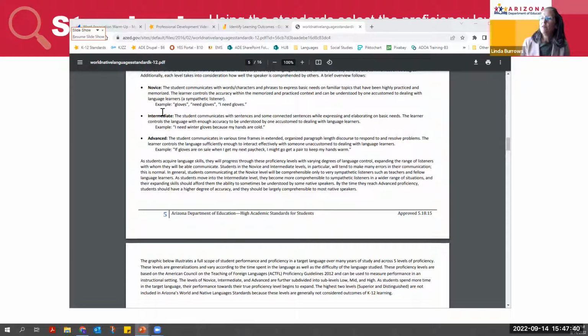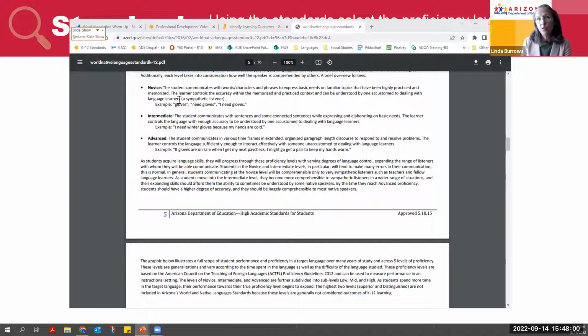As you come down, we mostly deal with novice, intermediate, and advanced levels in the K-12 setting. Some students may get above advanced if they've done DLI through K-12, but for the most part, our students in public school will really only reach advanced learning.